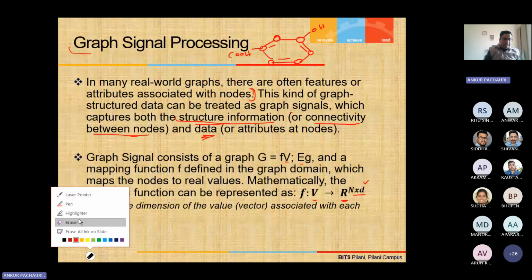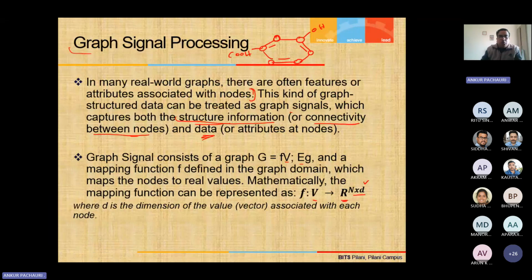Now in that case, for example, this is a carbon atom, this may be some nitrogen, this is again a carbon, this is hydrogen, and this is an NH3 or NH4, whatever it be. They are all connected to each other with some other nodes in some form.